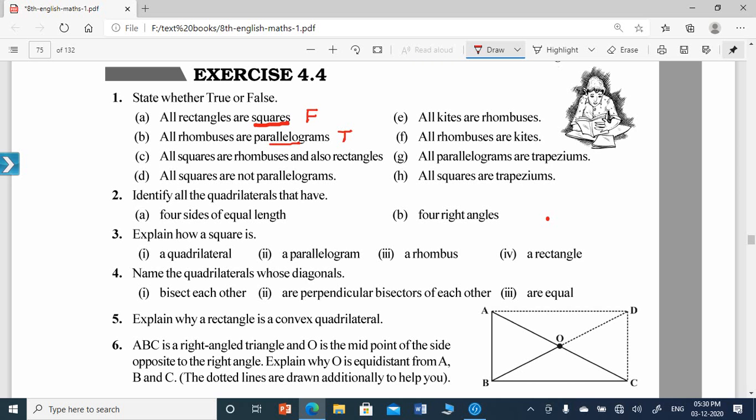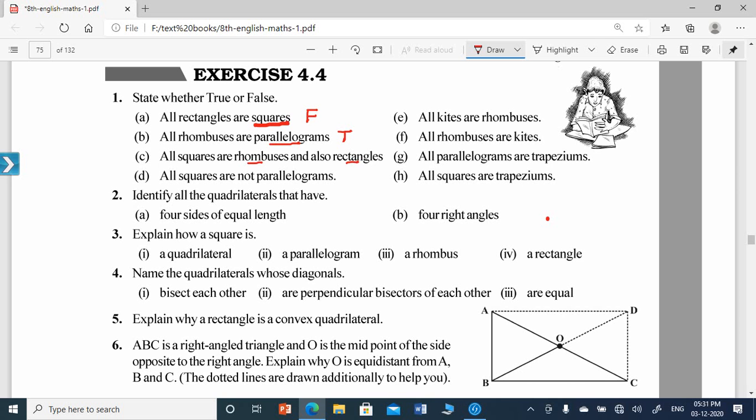Third one, all squares are rhombuses and also rectangles. To become a rhombus, the important property of rhombus is all sides should be equal. In square also all sides are equal. So, square is a rhombus. To become a rectangle, opposite sides should be equal.